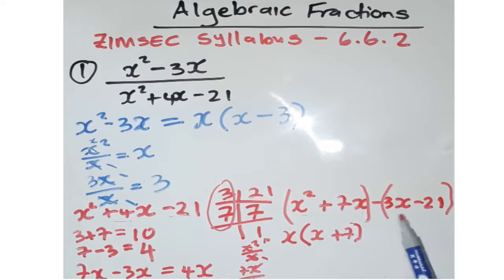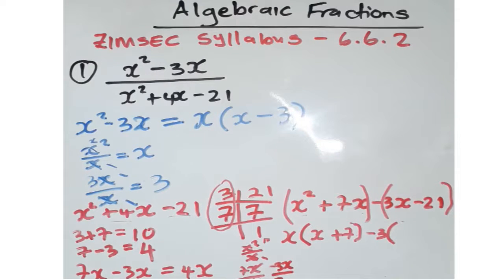We do the same for here. What's common in minus 3x and 21? It's definitely 3, because 3 can get into 21 without leaving a remainder. So we say minus 3, open bracket, minus 3x divided by minus 3, sorry.